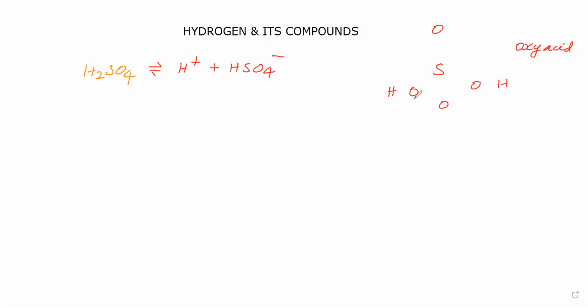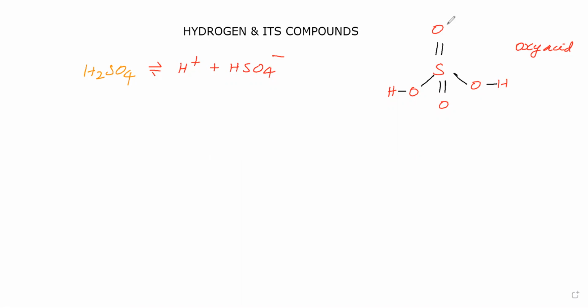Now we will give bond. Hydrogen always makes single bond. Oxygen will make double bond, otherwise 2 single bonds. This is sulfuric acid. Sulfur belongs to 6th A group. Therefore, its valence shell contains 6 electrons, so it is making 6 bonds.